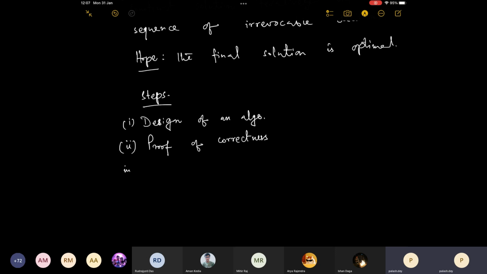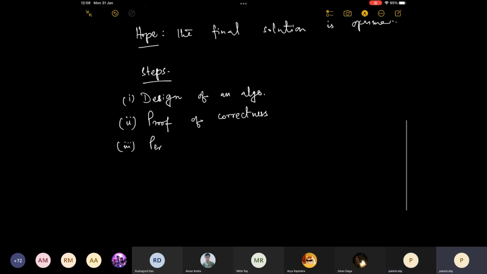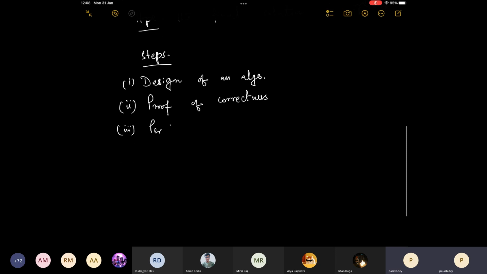And the third step is performance analysis, like what is the running time, what is storage complexity, and so on and so forth.